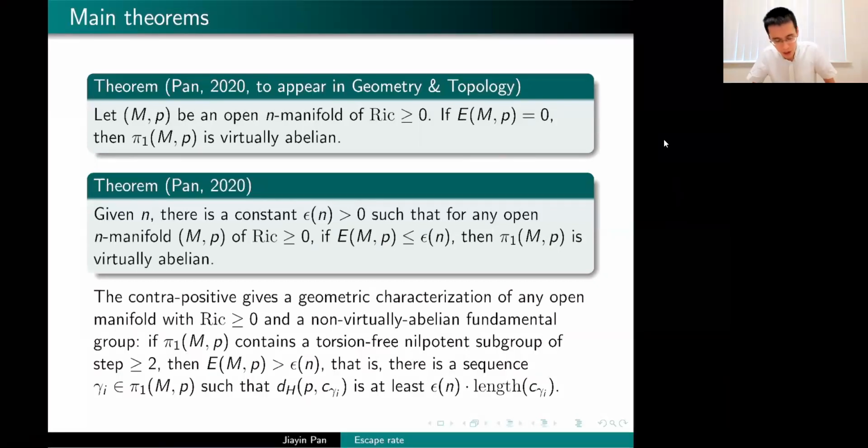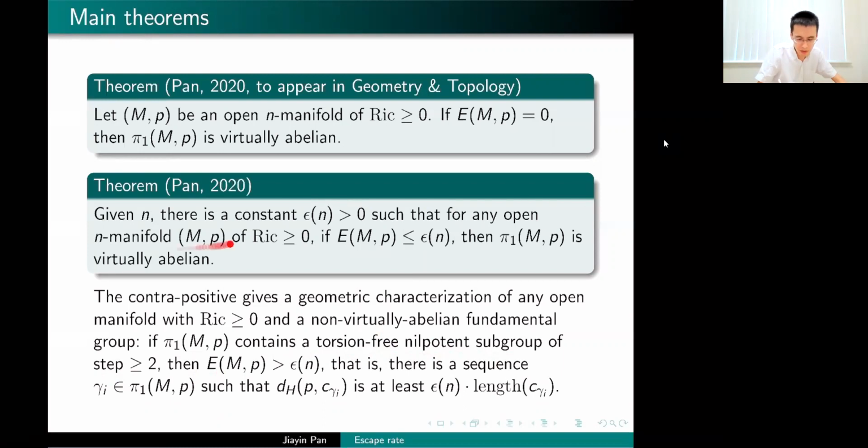The contrapositive of the above theorem also gives a geometric characterization of any open manifold of non-negative Ricci curvature whose fundamental group is not virtually abelian. For example, if the fundamental group contains a torsion-free nilpotent subgroup of step at least 2, where step just means the nilpotency length, then it is not virtually abelian.